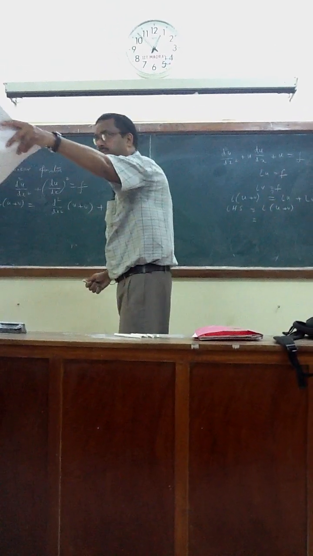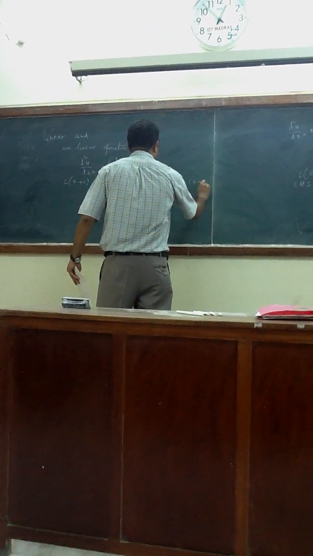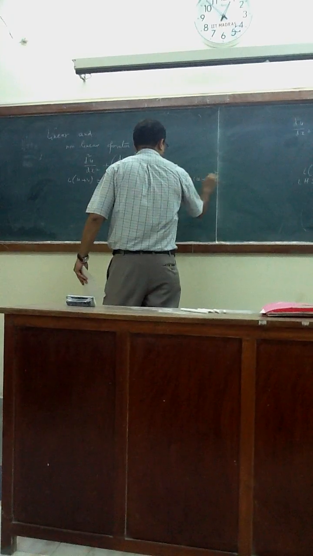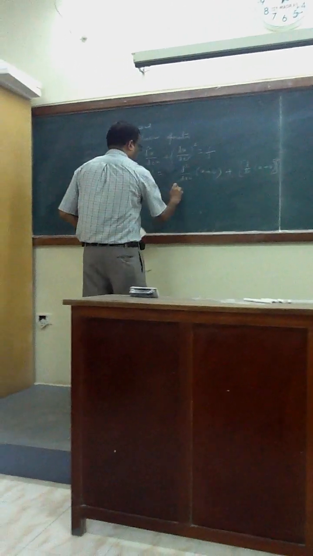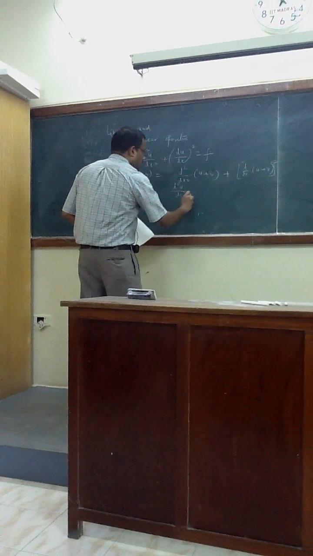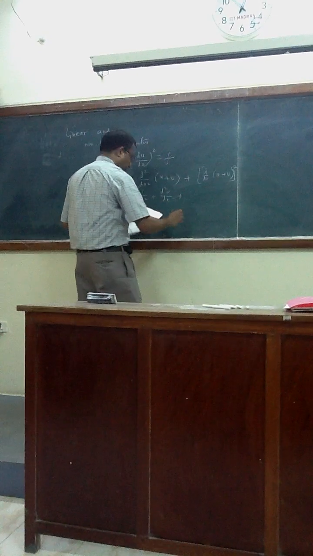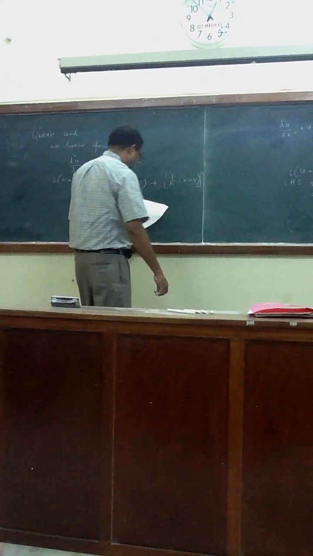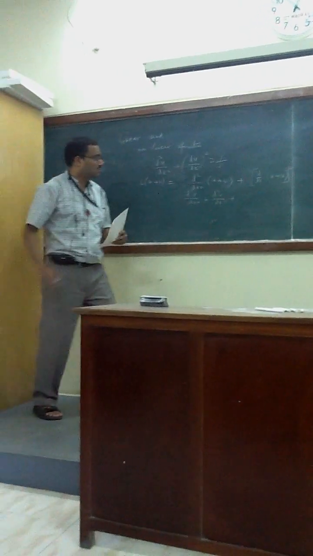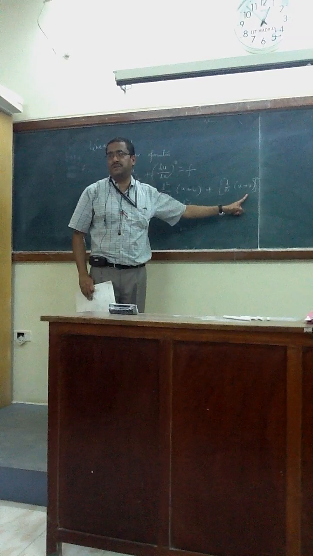What is that? Yes, madam. d by dx. Am I correct? Okay, what are you getting? d2u dx square, d2v dx square plus, what do you get here? du dx plus dv dx, right? So it is du dx plus dv dx whole square.